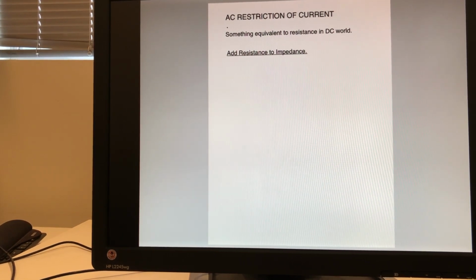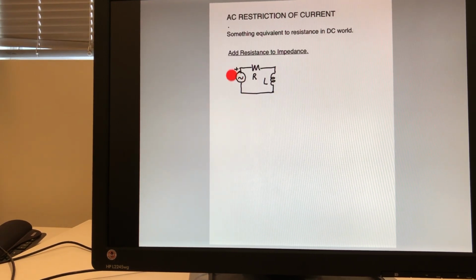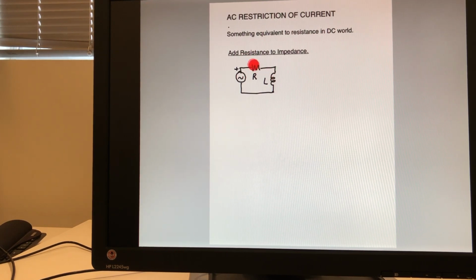When we do that, the circuit might look something like this, where you have a generator, some sort of AC generator, and the little squiggly line represents a sine wave, so it's AC. We have a resistor and an inductor in series. So how do we add those together?